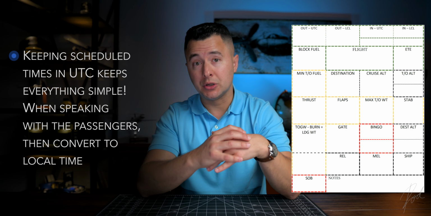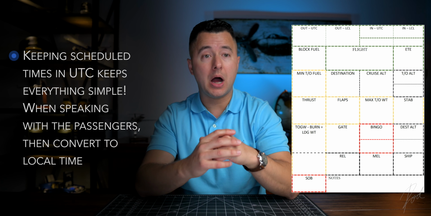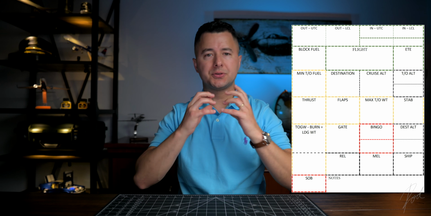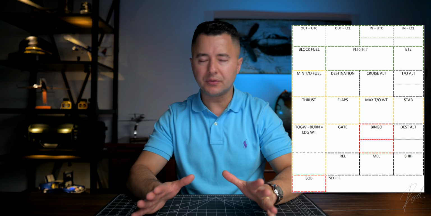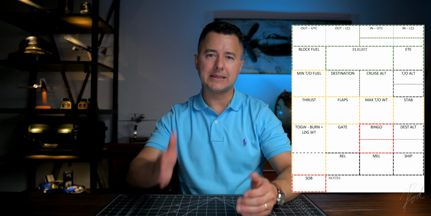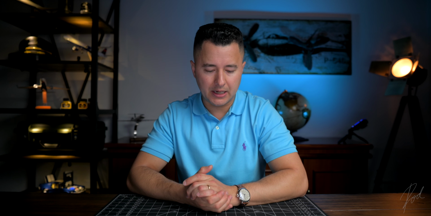That is your UTC time. That's why all the weather forecasts, all the weather products, and all the aviation times are all Universal Time Coordinated to keep it simple. Then you can convert to local times to communicate with the passengers about how you are relative to the scheduled operation. That's the top line over there, folks.